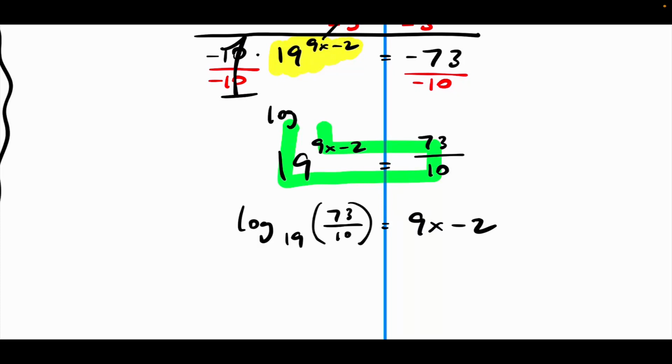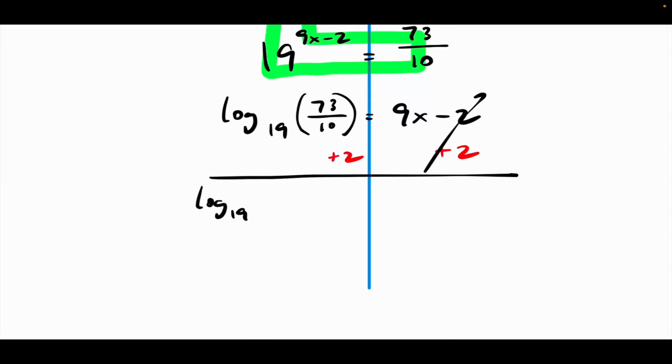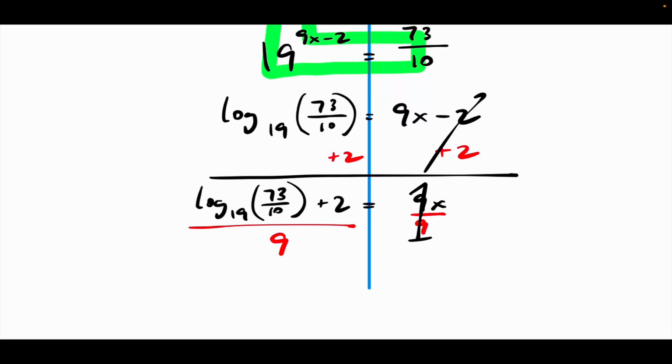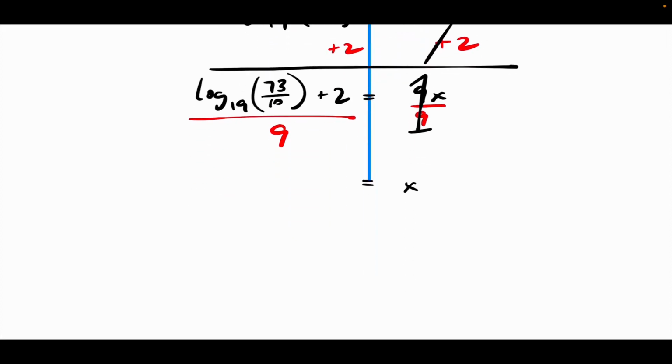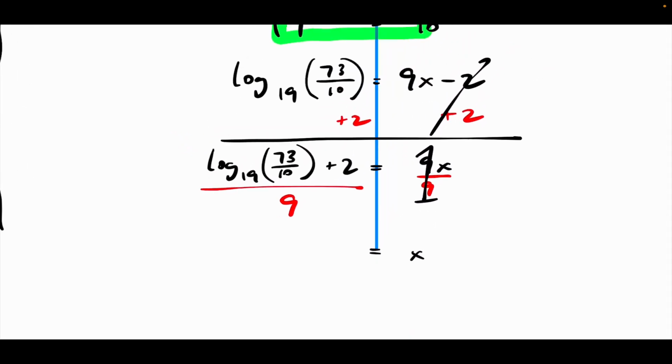Add 2 to both sides. Divide by 9. So that's the exact answer. They want me to round it. So I got to do 3 parts.